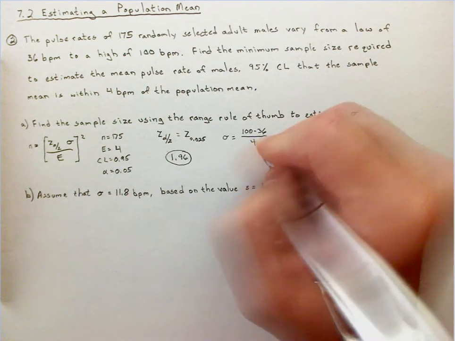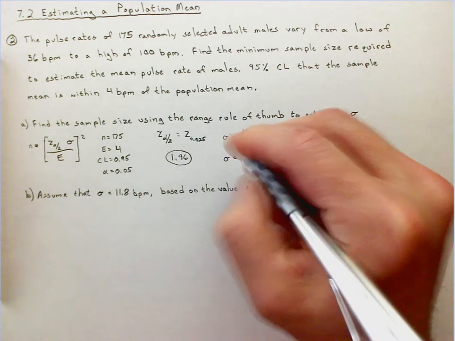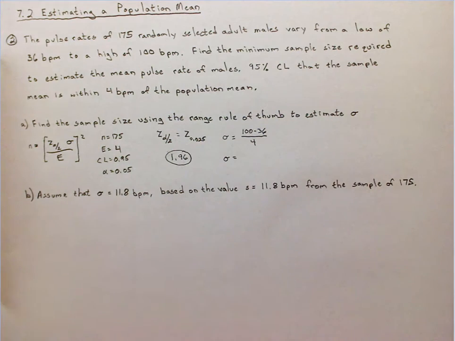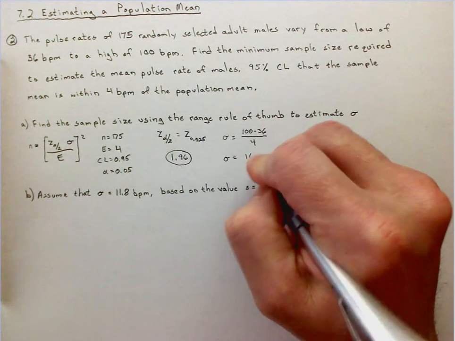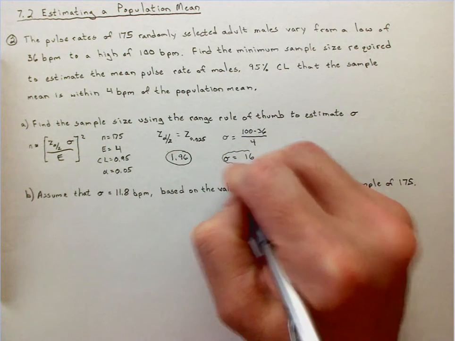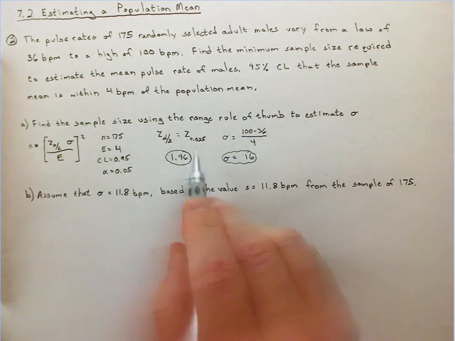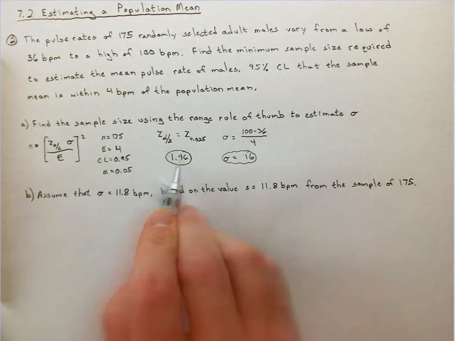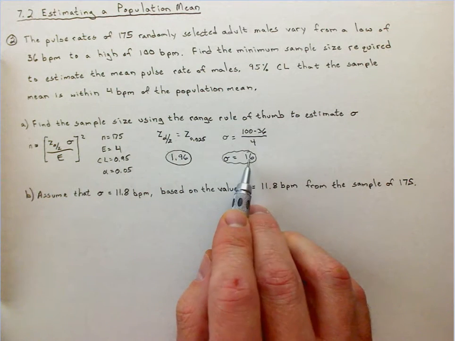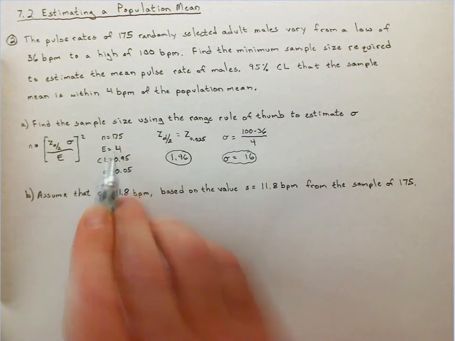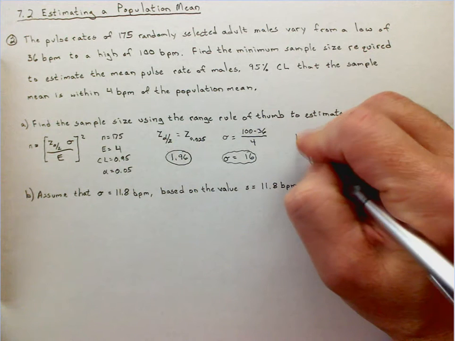And you divide it by 4. 100 minus 36, divided by 4, is 16. So I have z sub alpha divided by 2, I have my standard deviation, and I have E. I have everything that I need to be able to solve.